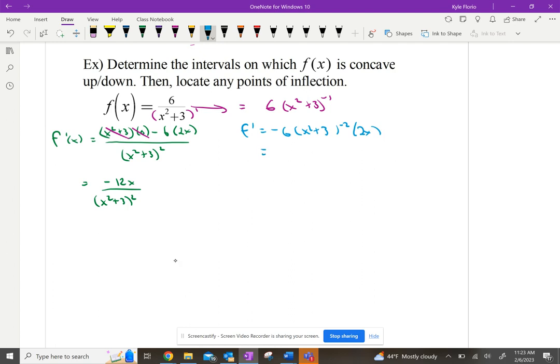Negative 6 times 2x is negative 12x. And this goes to the denominator and becomes x squared plus 3 to the positive 2. Again, cross the line, change the sign. We get the same thing either way. But do it however you want to do it. I just think most people would use the quotient rule here and wouldn't think to rewrite it and use the chain rule. So now I need to find the second derivative.